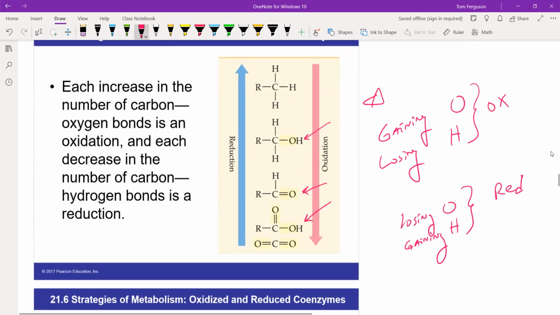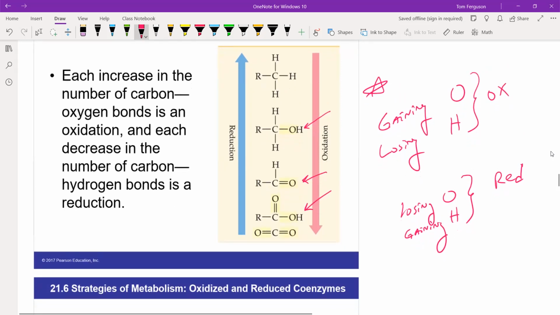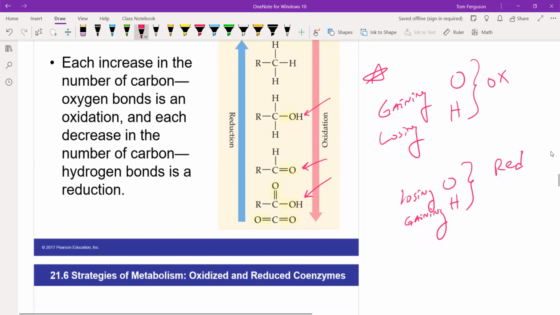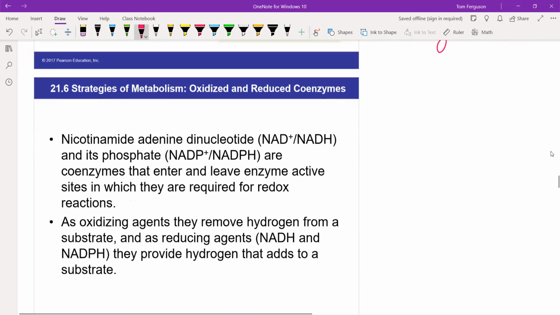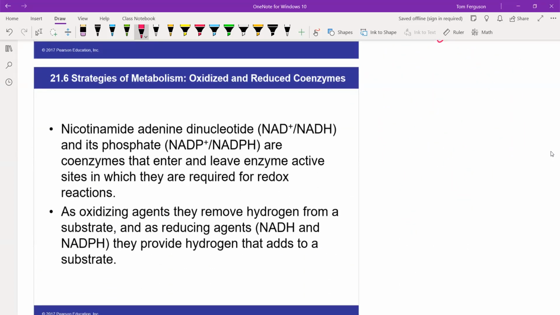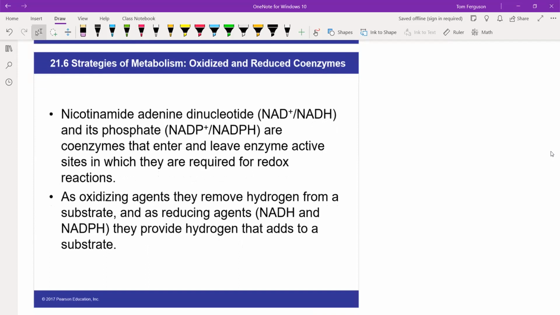And when we produce energy in the body, it's an oxidation reduction process. So there's a lot of those going on. Okay, so again, we have this NAD plus to NADH, NADP plus to NADPH.